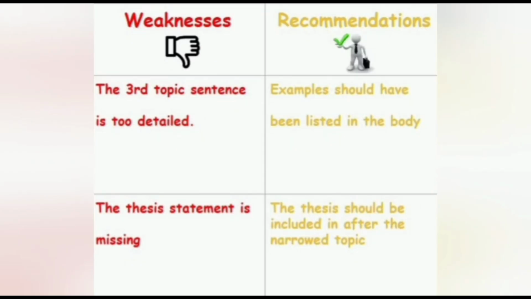One of the weaknesses that was identified in the topic to sentence outline is that the third topic sentence is too detailed, meaning the examples should not have been listed in the topic sentence. Instead, the examples should have been listed in the body, which is part of TEEES. Therefore, the topic sentence should have been: missed economic opportunities for the local service economy are caused by visa restrictions in Africa.